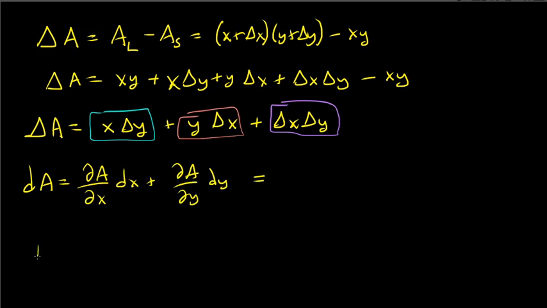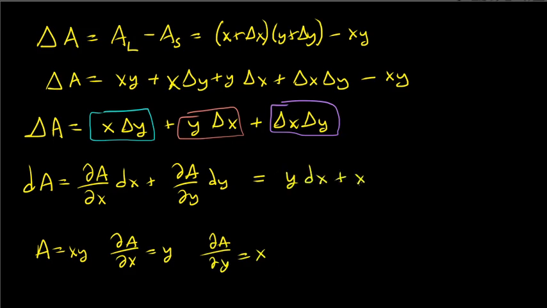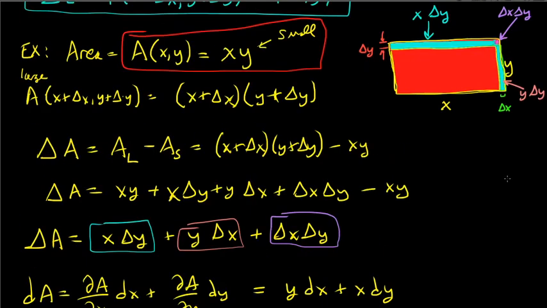And remember, A is just x times y. So these two partial derivatives are about as simple as it gets. The x partial is y, and the y partial is x. So all you get is y times dx plus x times dy.